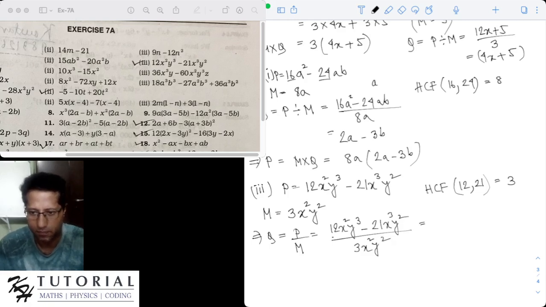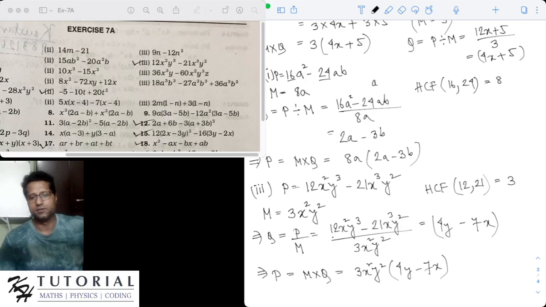So this will be equal to 4y minus 7x. This implies that the polynomial P can now be factorized as M into Q, a product of M and Q. M is 3x square y square and Q is 4y minus 7x. So this is the factorization of P.